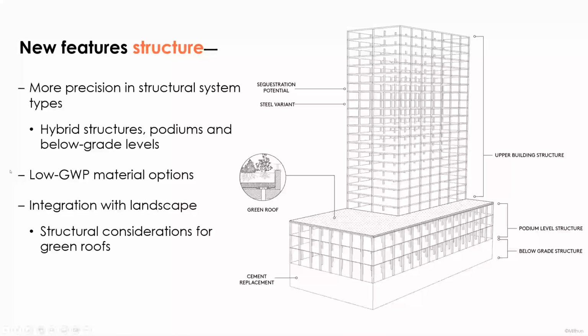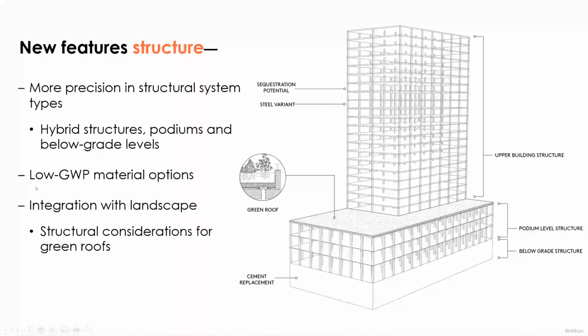And then we also, again, want this to be an educational tool and to provide dials to turn to see how this design option or this choice might affect our embodied carbon. We want to make sure that we're including some low global warming potential GWP material options. That's going to include things like cement replacement and steel variants. Even within steel, we can have a range of embodied impact based on the manufacturing process.